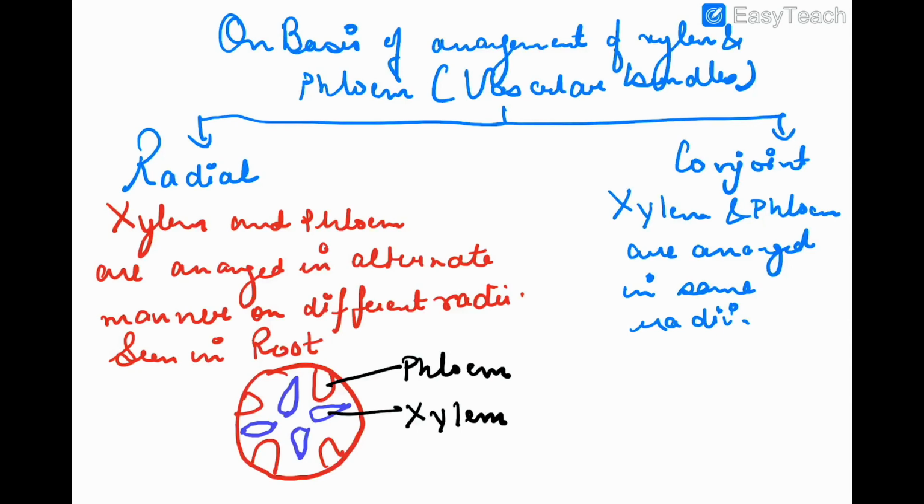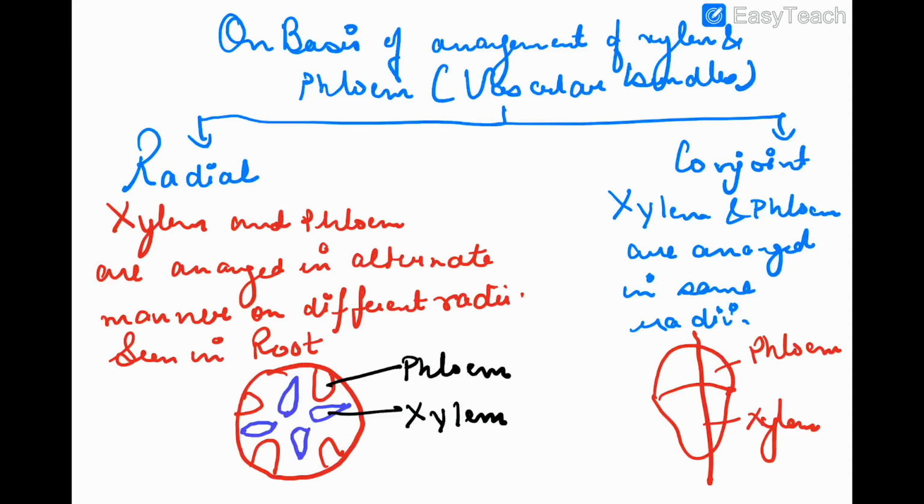For example, if this is the phloem and this is the xylem, you can see xylem and phloem are in the same radii. So this is the example of conjoint vascular bundle, and it is closed also because there is no cambium present between xylem and phloem.